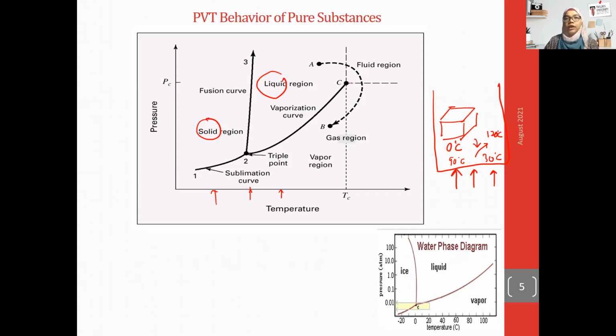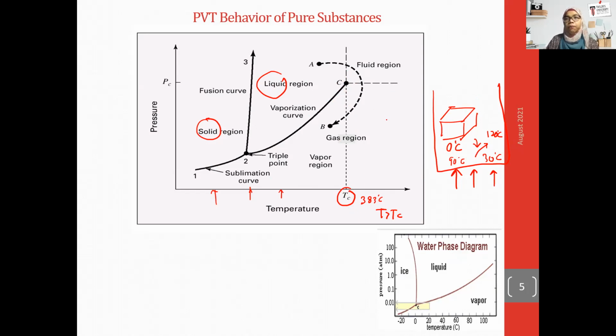And if we increase more, for example until it reaches the critical temperature, for water 380 something, I think. If the temperature exceeds that critical temperature, the vapor cannot turn back to the liquid.